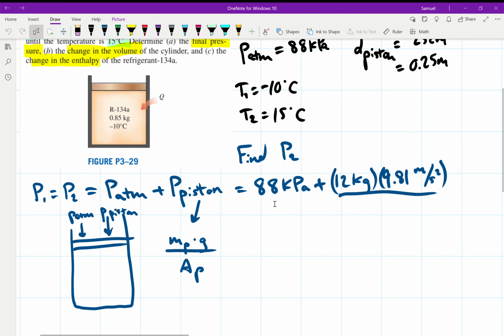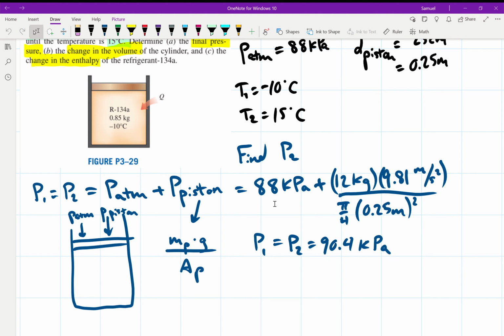So we'll find the area of this circle with pi over 4 times our diameter, 0.25 meters, squared. And when we calculate this, we get that the initial pressure, which is equal to the final pressure, is 90.4 kilopascals.